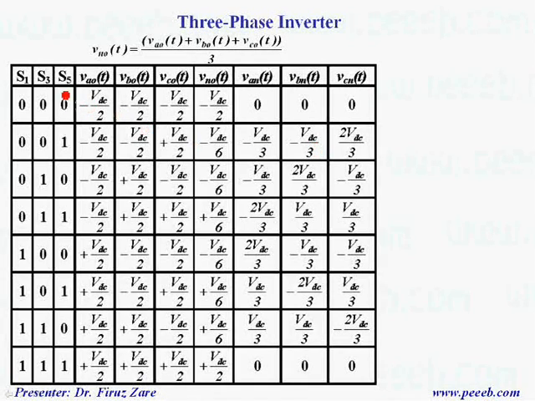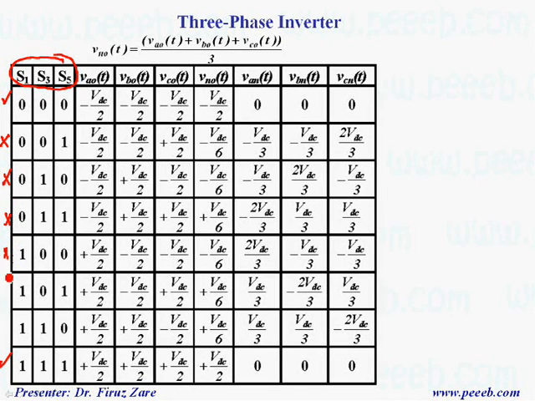So in this table we can see all switching states. Basically we have 8 switching states. This is the switching state for the zero vector. Also this one is a switching state for the zero vector, but these are active vectors.